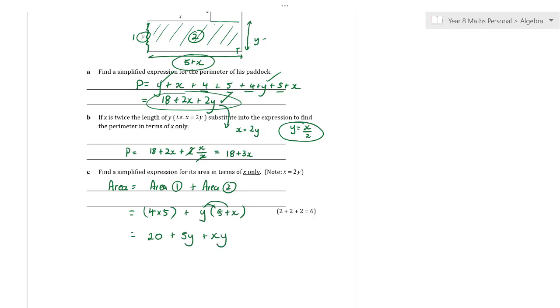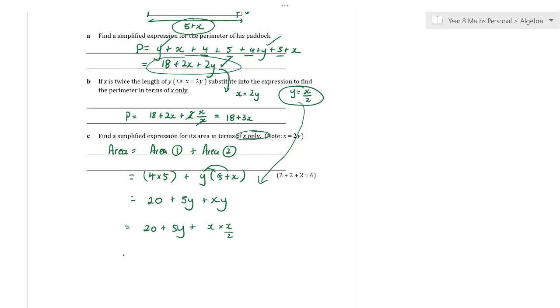Now it says here we want its area in terms of x only. But we know that y over here is x over 2. So we've got 20 plus 5y plus x times, now we're replacing y with x over 2.